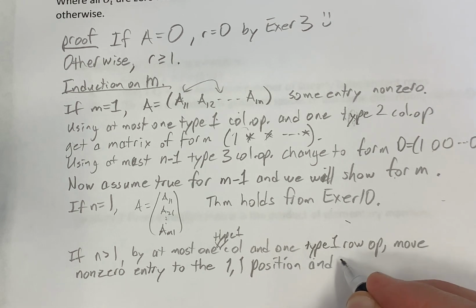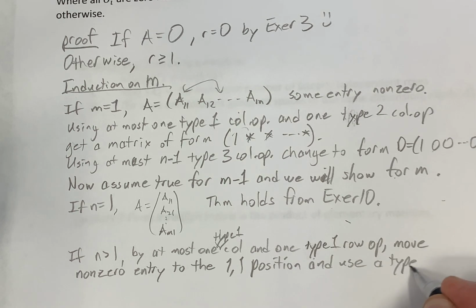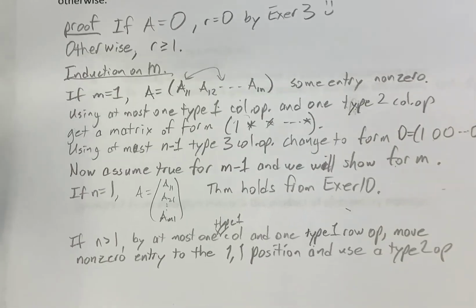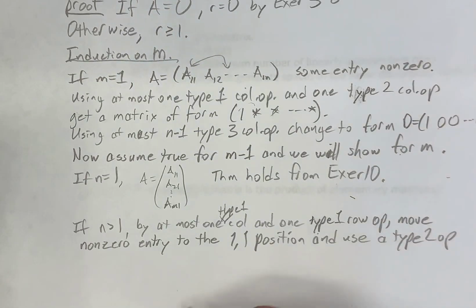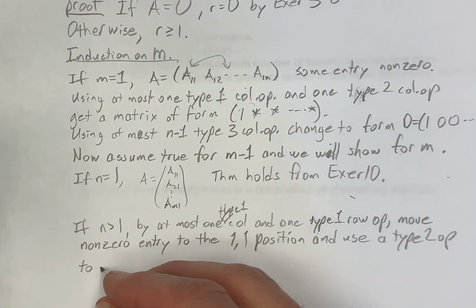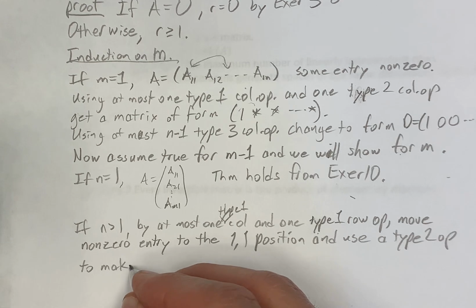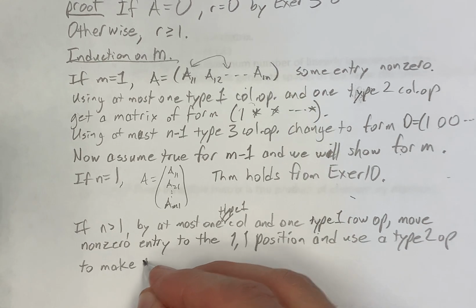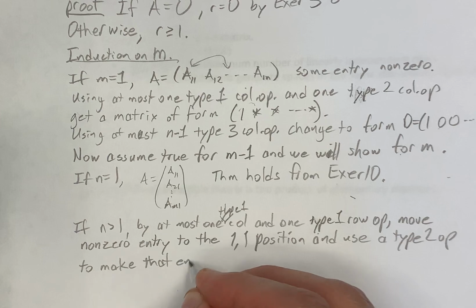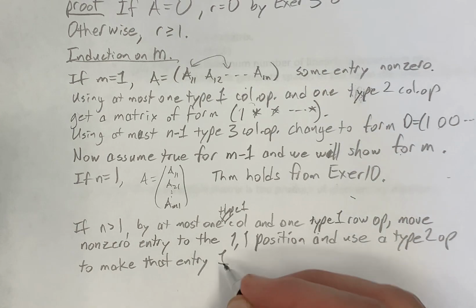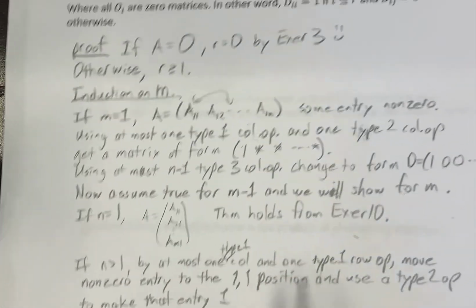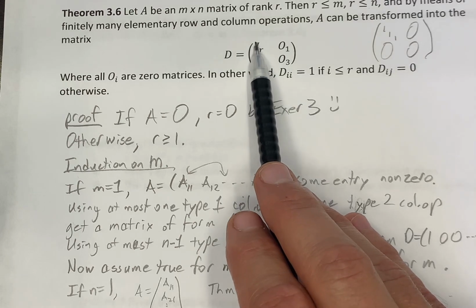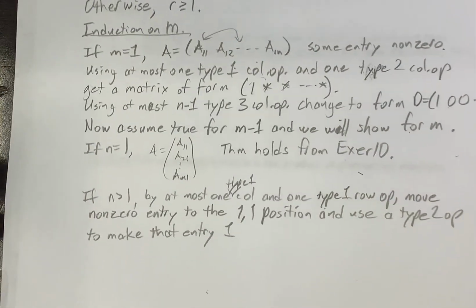And use a type 2 operation, frankly it can be a row or a column operation, to make that entry 1. Okay, so we've got a 1 in the far upper left position.